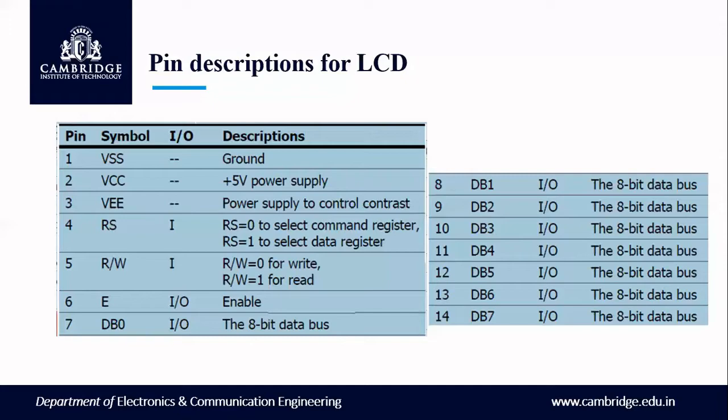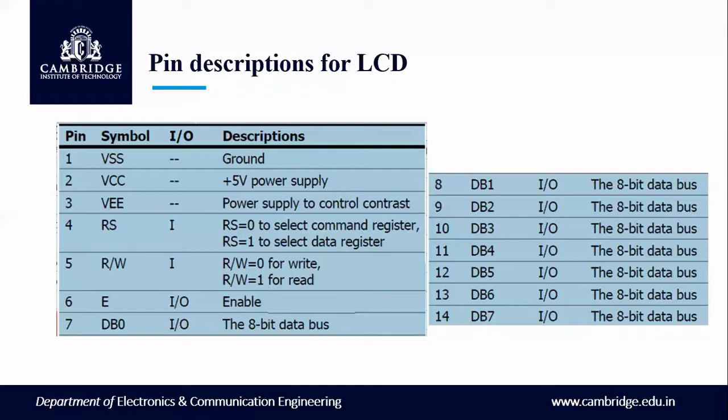Then pins number 7 to 14 stand for D0 to D7, represented as DB0 to DB7, the data bus, data bus 0 to data bus 7. So this is an 8-bit data bus. We send a command code, an 8-bit value, or data, that is, 8-bit characters, onto the LCD.